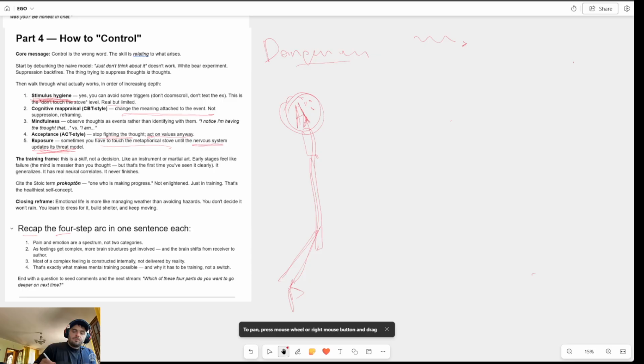So let's say I draw the graph: number of neurons against complexity. The more neurons are involved in a particular feeling, the more complex the emotion is, and the more sophisticated the response is going to be.